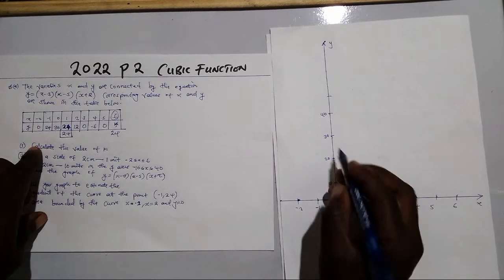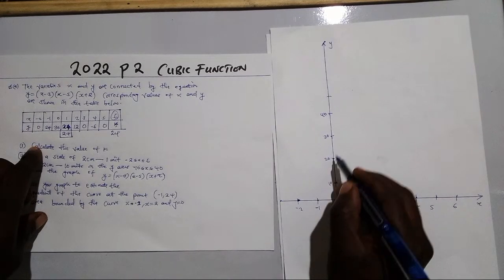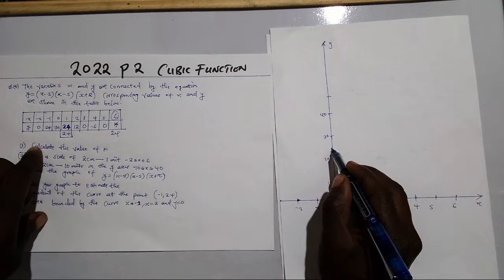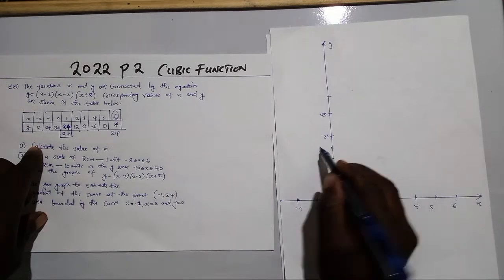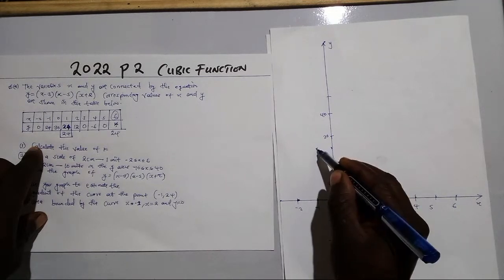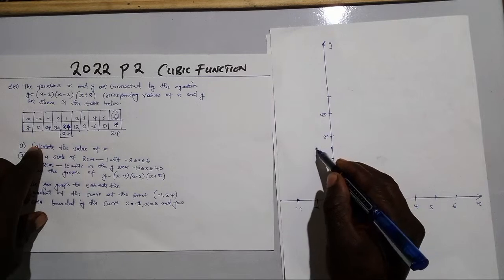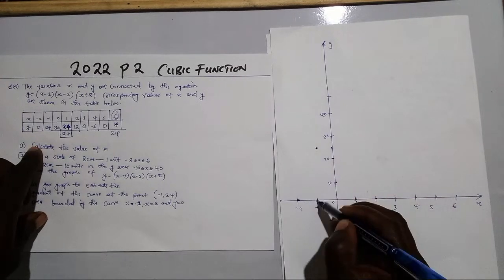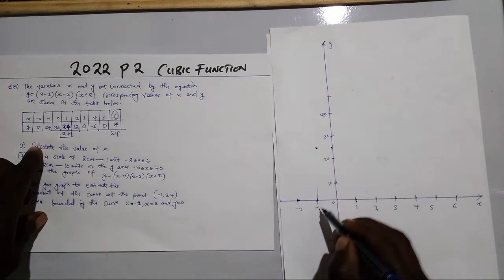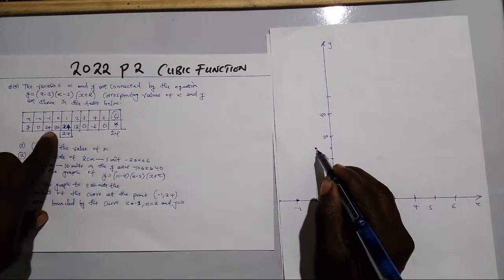24, so this is 20 here, so 24 will be somewhere here. Okay, so I'll just estimate this is my 24 here. So this is -1 to 24.